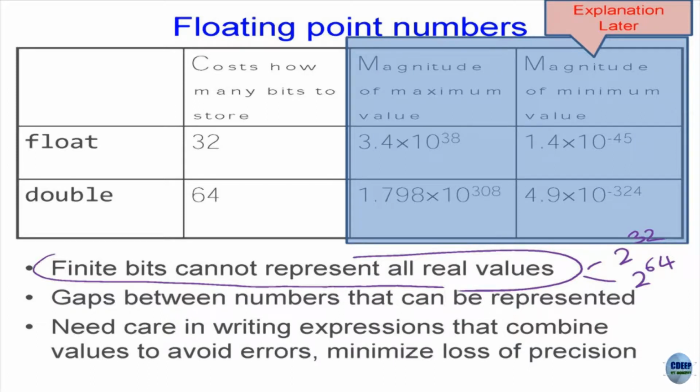So what's the trade-off? Let's say I have a float x.